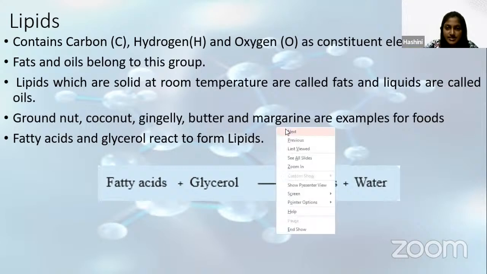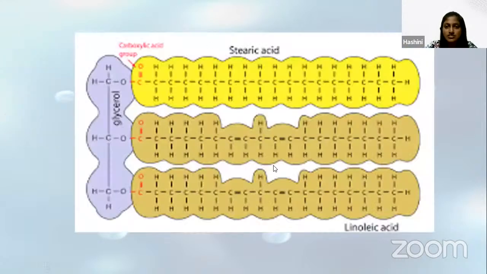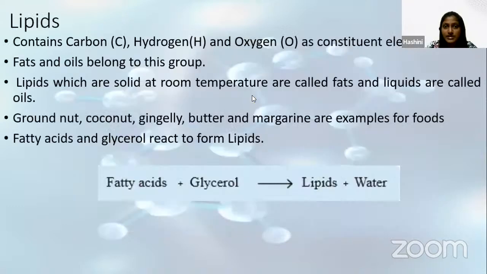Next, this is the structural representation of the lipid. You can see the glycerol molecule and 3 fatty acids. These are long chains, and you can see the carbon and hydrogen present. The elemental composition of lipids is the same as for carbohydrates, CHO.